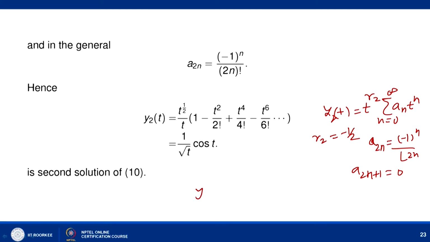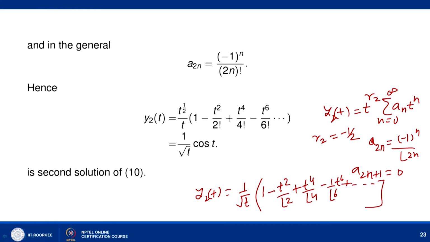So we can write y2(t) as 1 upon root t, because t to power minus half is 1 upon root t, and a0 is 1, so 1 minus t square upon factorial 2, plus t to power 4 upon factorial 4, since a4 is basically 1 upon factorial 4, and a6 is going to be minus 1 upon factorial 6, t to power 6, and so on.